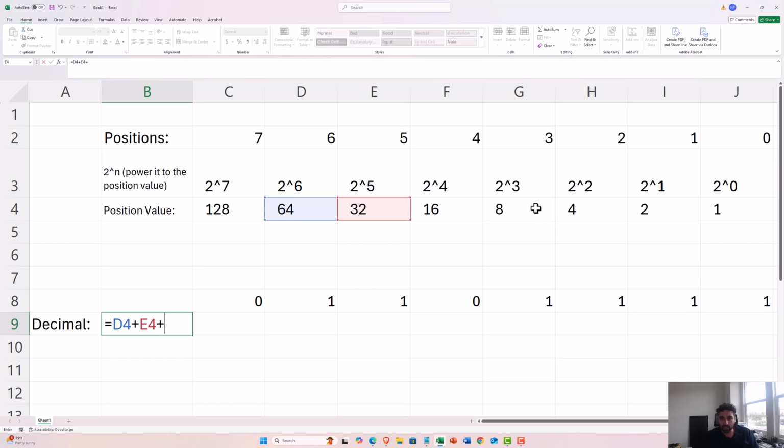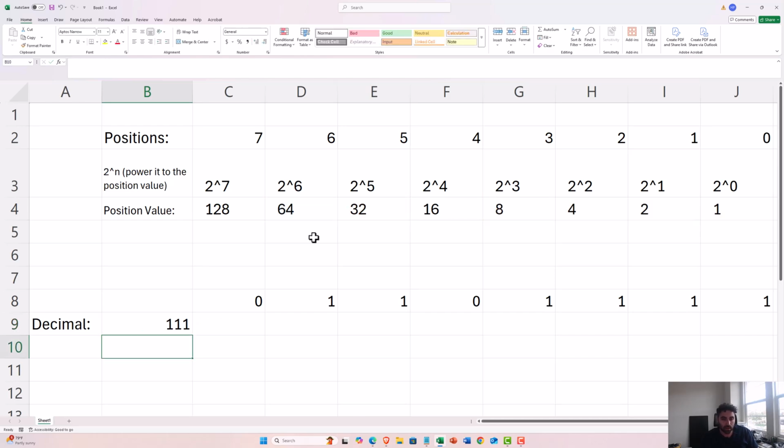We add position 3. We add position 2. We add position 1. And we add position 0. Okay? Now, we are adding all the values that have a 1 in their position.